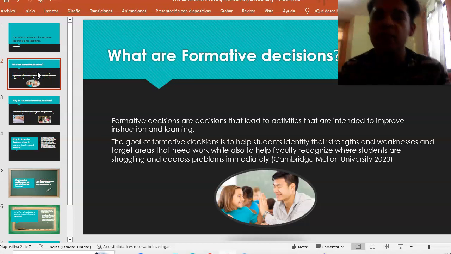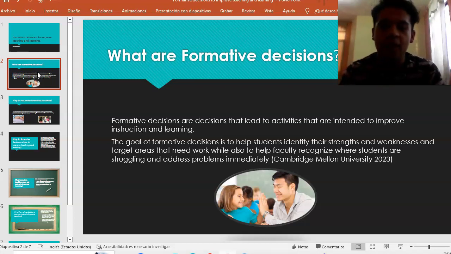Now, formative decisions are really important not only for the teacher but also for the students, because for the teacher it allows them to identify unknown problems, provide helpful feedback to students, and motivate students to learn more about learning a new language.